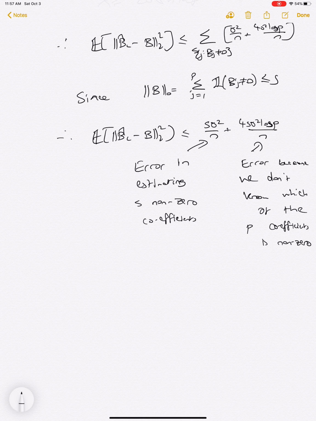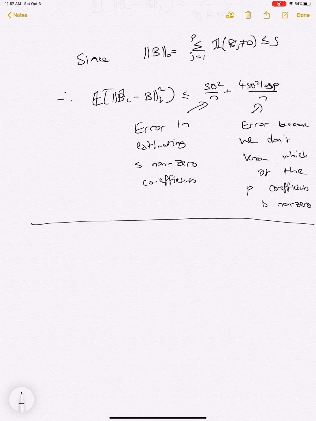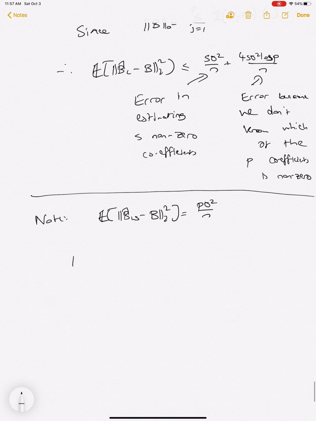Okay, in the last minute or two, before I wrap this up in the next lecture, I just wanted to note that, recall that this is p sigma squared over n, whereas we know that this is less than s sigma squared over n plus 4s sigma squared log p over n.